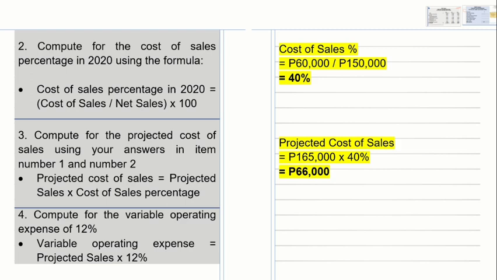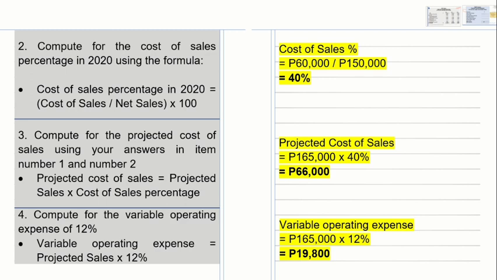So, in this case, ang atong variable operating expense is mo-vary siya on the level of our sales. So, we have our projected sales of 165,000 times 12%. So, we have our projected variable cost of 19,800.